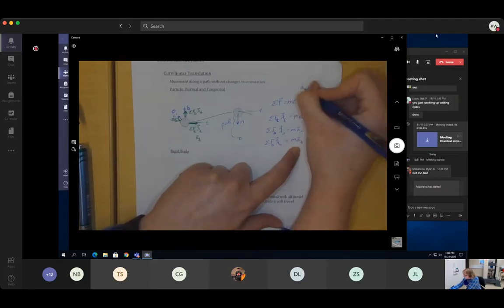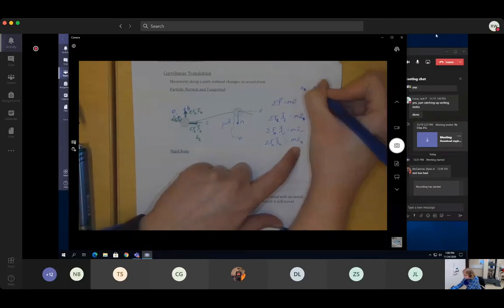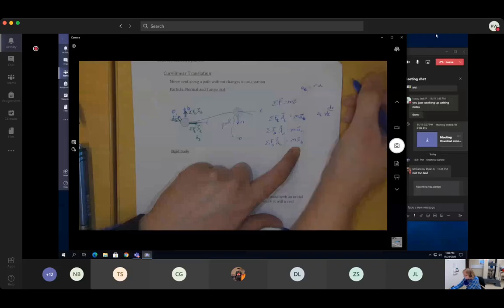A sub t, if we're dealing with circular motion or something like that, is going to be equal to r times alpha, which is the angular acceleration.